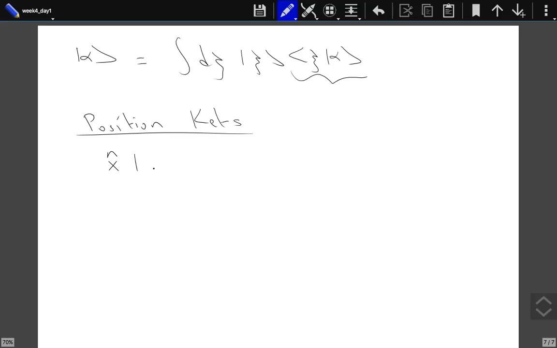So when I act on some ket, it has eigenvalues. So xi is the position eigenket, and the corresponding number xi is the corresponding eigenvalue. So this is my position ket. Or, well, maybe if I use x, it would be better.